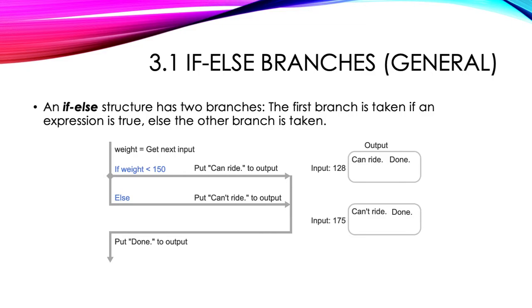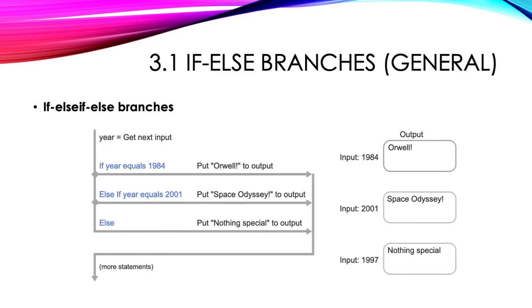You can also include another if here. On the next example, you can branch it out. So in this case, there's an if else and if else. So let's say your input is 1984. If 1984, the output is Orwell.